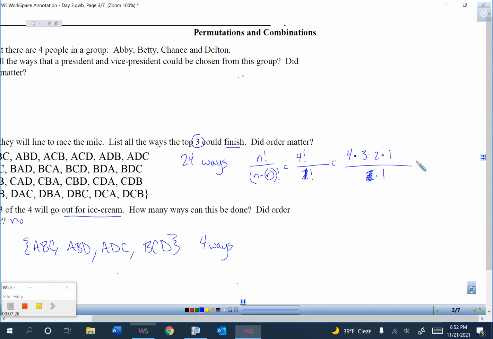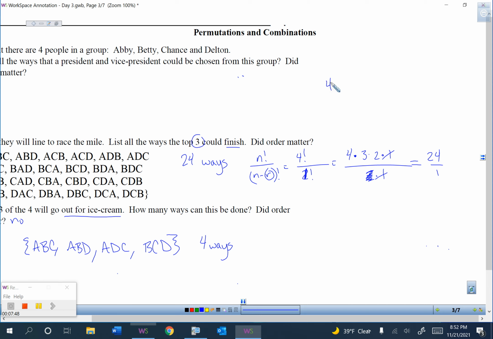Now, I was actually doing this one accidentally, and I'll show you for this one, that would look a little bit more interesting. 4 times 3 times 2 times 1 over 2 times 1, and both of those actually cross out. Now, this process is actually something we've seen before without calling it a permutation.